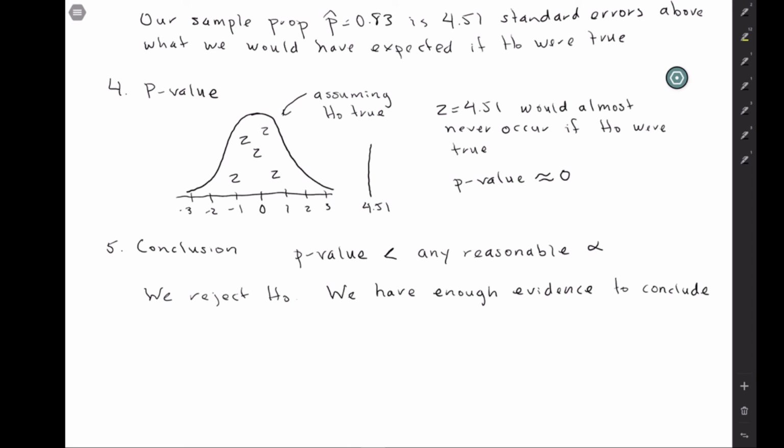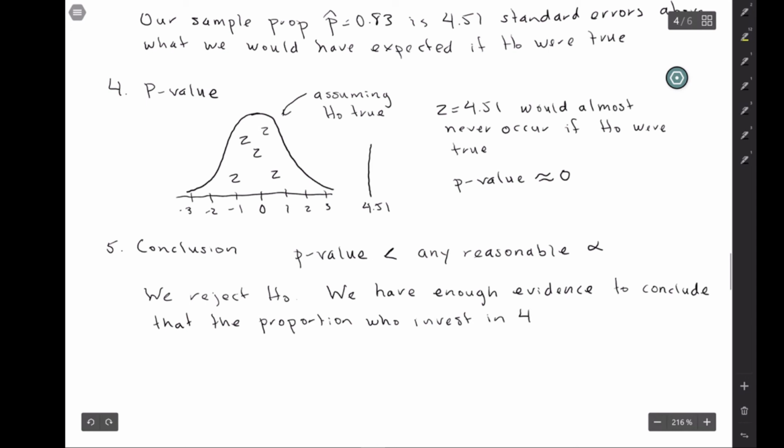So we're going to say to conclude that the proportion who invest in 401ks, because that's what we were interested in here, has increased. So we had enough evidence to rule out the null hypothesis and go ahead and conclude the alternative.